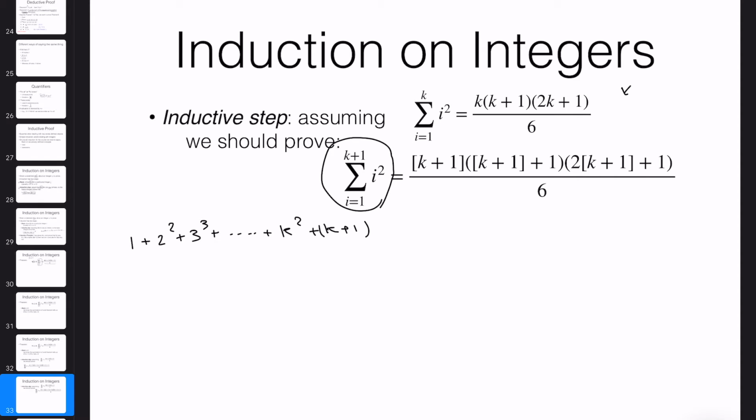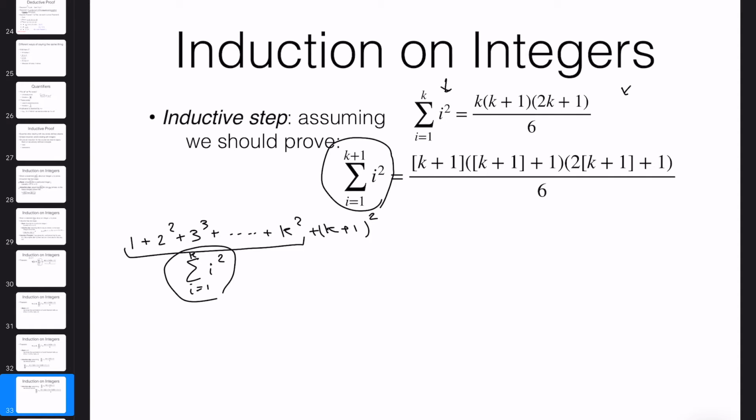Excuse my handwriting. So this part is exactly the summation of all the squares from 1 to k, right? This is exactly what I have here.